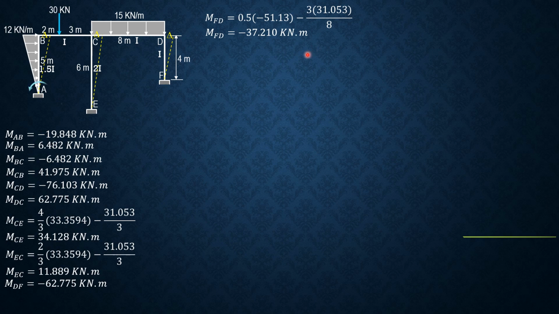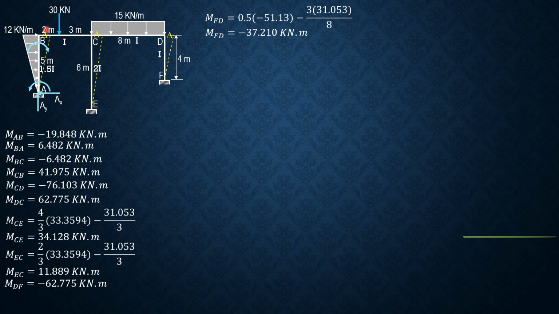For the shears and other reactions, call this AX. This is the correct direction of MAB because MAB is negative, so it is counterclockwise from the slope deflection sign convention. So MBA is clockwise, as shown.